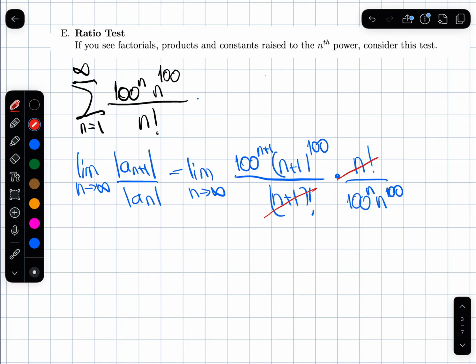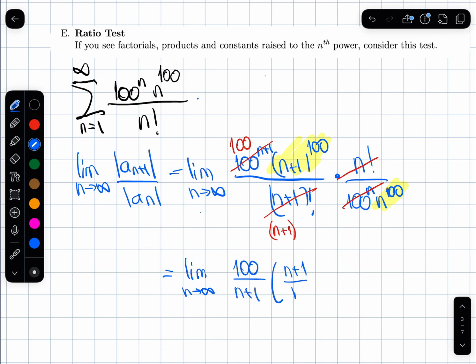These cancel, you only have an n plus 1 left. So this is pretty good. These cancel, you only have 100 left in here. And these you get to combine, the other two you get to combine. So combine this and this under the same exponent of 100. So you get the limit as n goes to infinity of 100 over n plus 1 times the quantity n over n plus 1 to the power of 100.